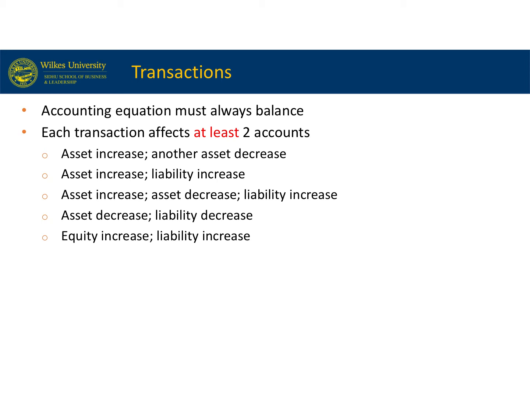What that means is there are at least two accounts affected. So if one specific asset is increased, then there must be a corresponding decrease in another asset, or increase in a specific liability, or increase in the stockholder's equity account. There can also be a mix of accounts affected, as long as there are at least two accounts affected.